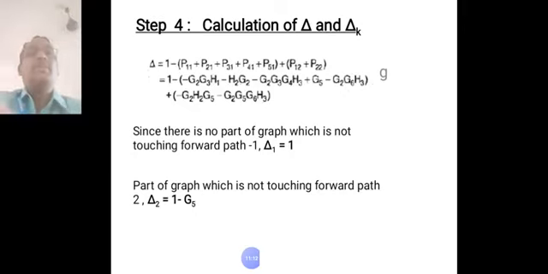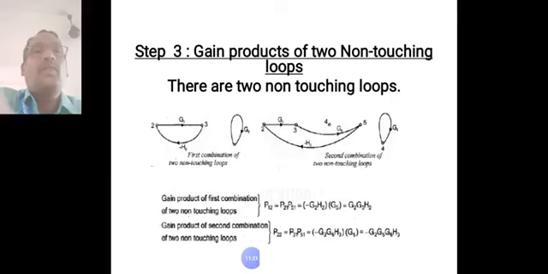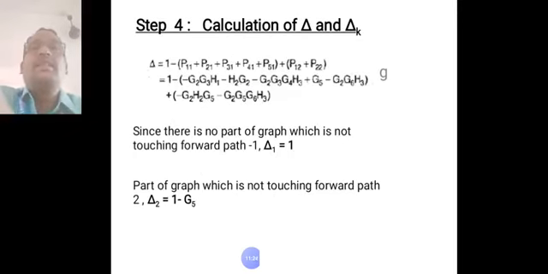So the next step is the calculation of del and del K. How to calculate del and del K? Here del is given by 1 minus the sum of individual loops. Here we have 5 individual loops, P11, P21, P31, P41, P51.